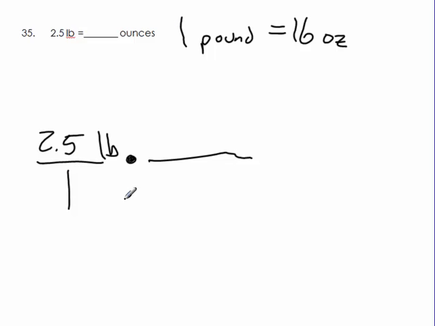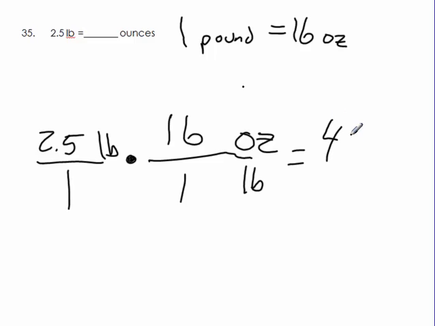Now, I need to cancel my pounds, so I need to put pounds in my denominator and ounces in my numerator. How many ounces per pound? There are 16 ounces. Here's my ratio: 16 ounces over 1 pound. And this gives me 40 ounces, and that would be my answer.